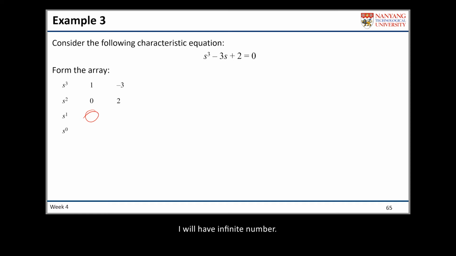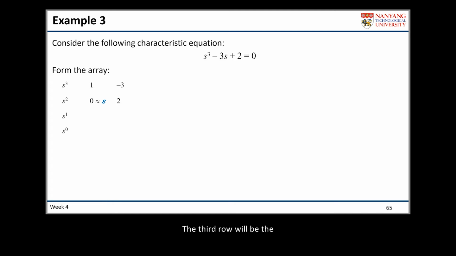I will have an infinite number, right? So what do I have to do? I have to replace that 0 with a small positive number, epsilon. Again, epsilon is small but positive. That's my assumption. So I can continue to complete the third row there.